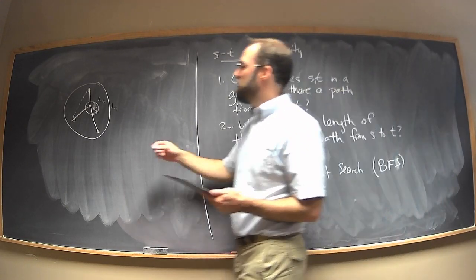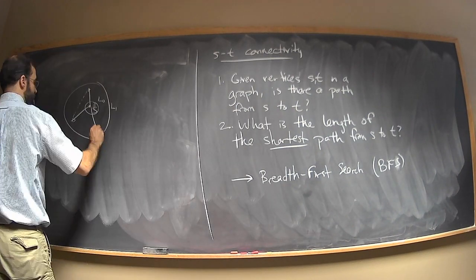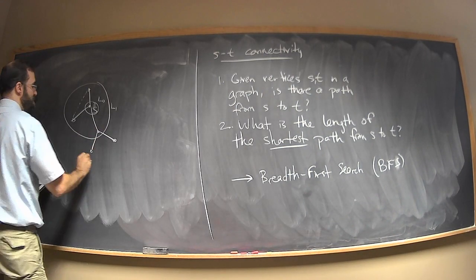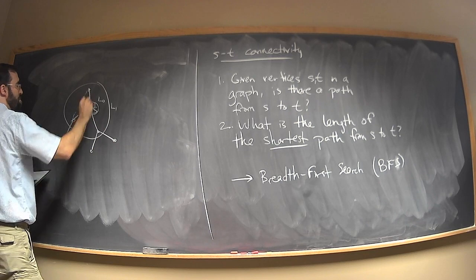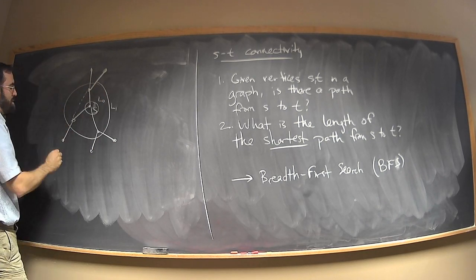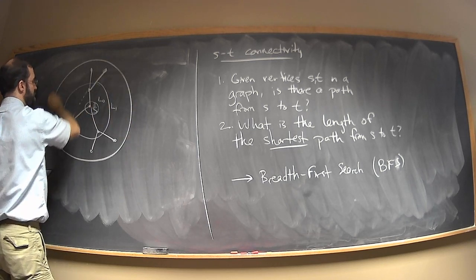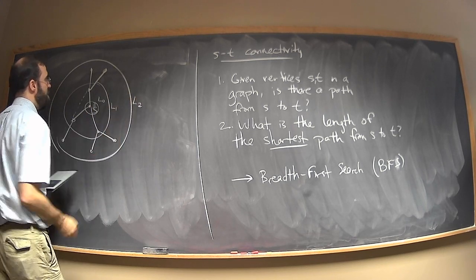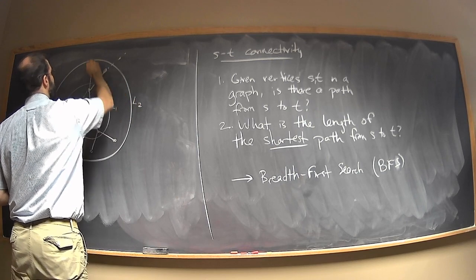If I then say, from any vertex in layer 1, are there any new vertices I can get to? Maybe there's something like this. This would be my layer 2, and so on.